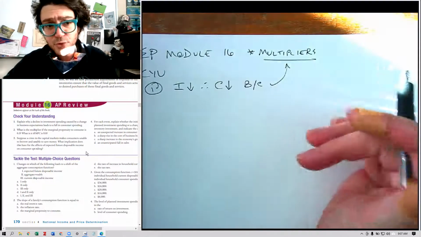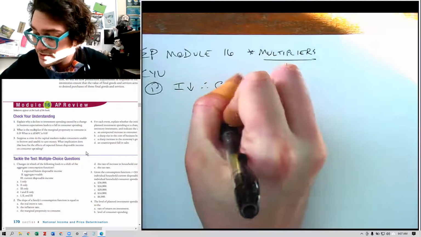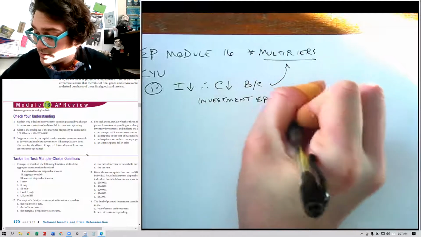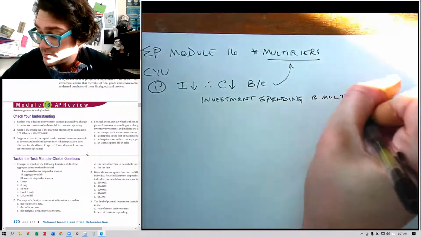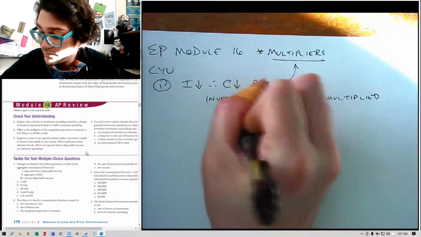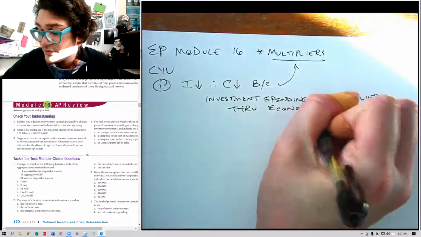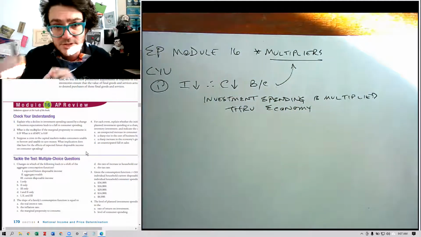At root, what we're saying here is that investment spending is multiplied through the economy. If you don't understand what I just said, you've got to go back and re-review the lectures a little bit.